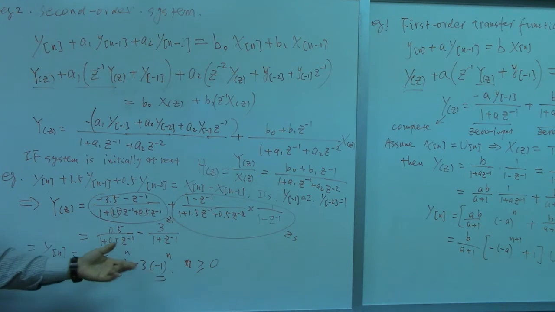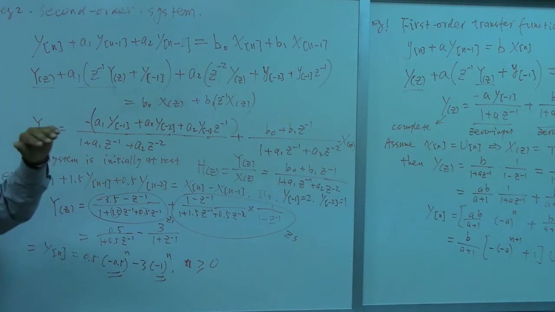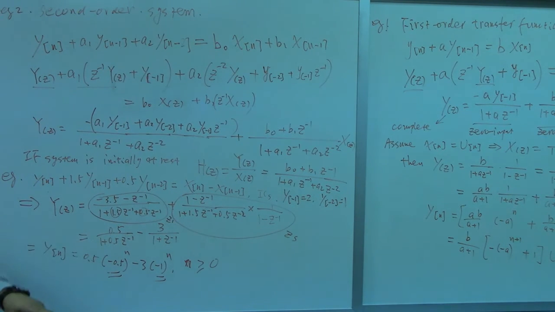I mean absolute value. If both are less than 1, then this exponentially decays. If equal to 1, then it oscillates. If greater than 1, then it exponentially increases.